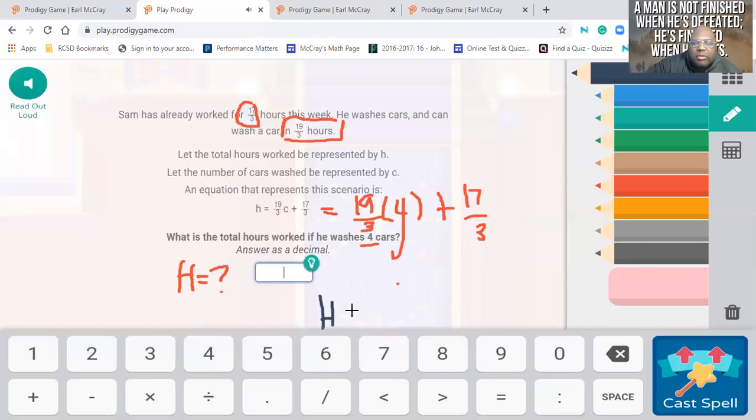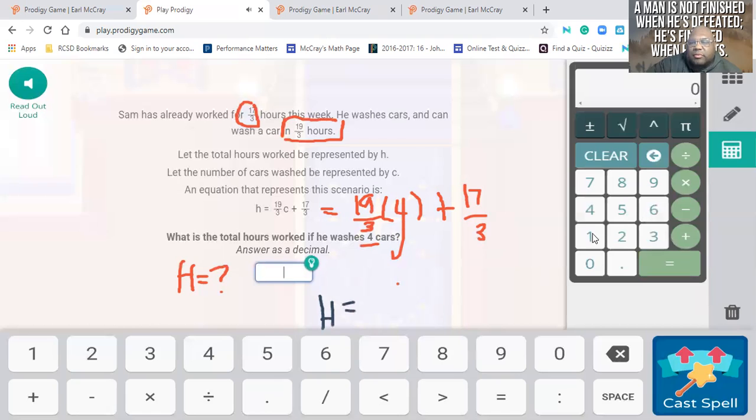Hours, 19 over 3 as a decimal. Okay, so 6.33, and I'm multiplying that by 4. Let's clear that out.